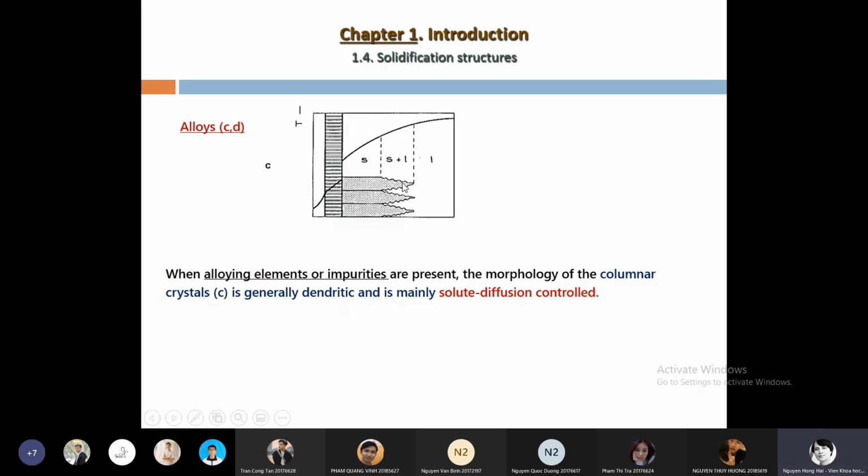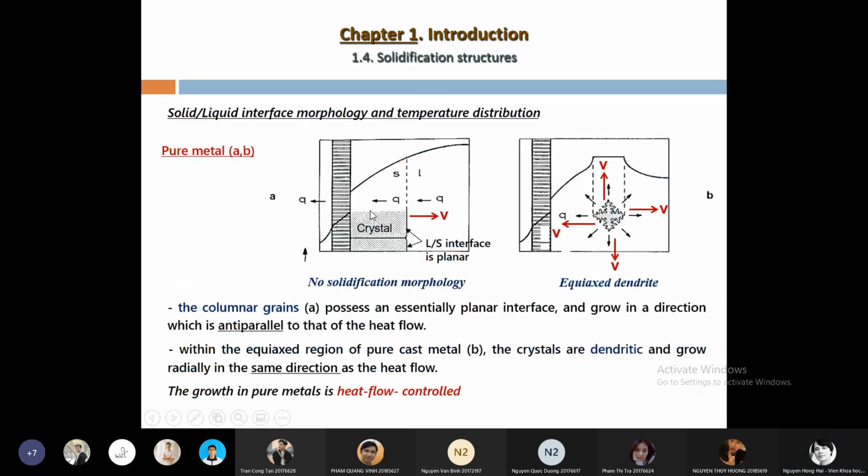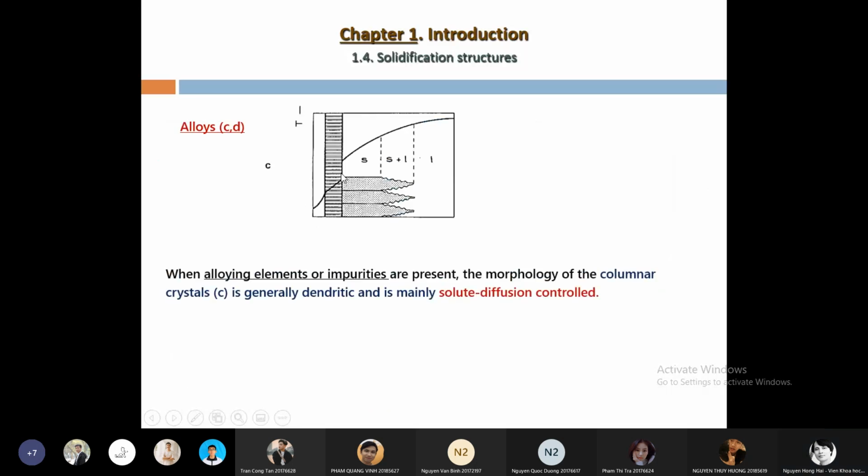In this case, we have no morphology. The interface is planar between the solid and liquid. Okay. But in the case of the alloy, this interface is unstable, and they develop into the dendrite. We have the columnar dendrite.